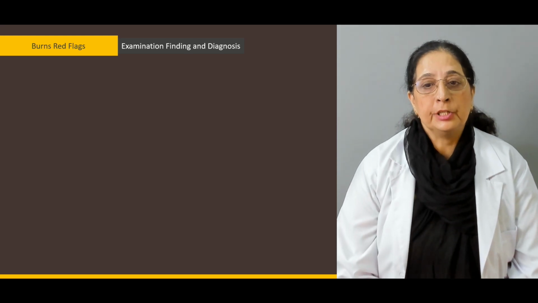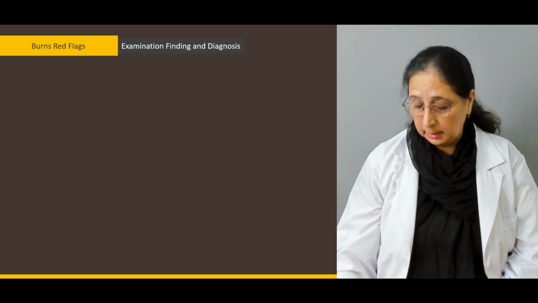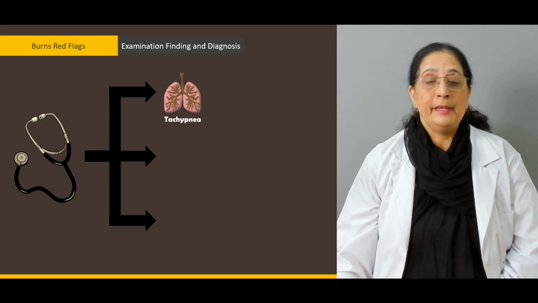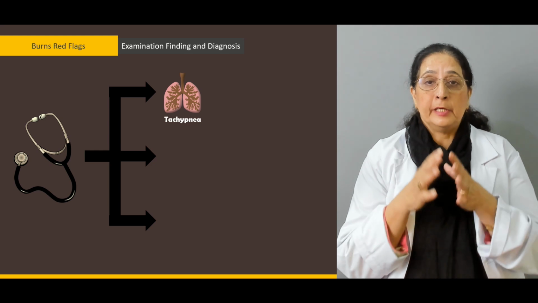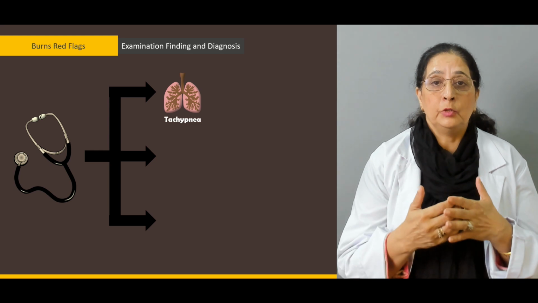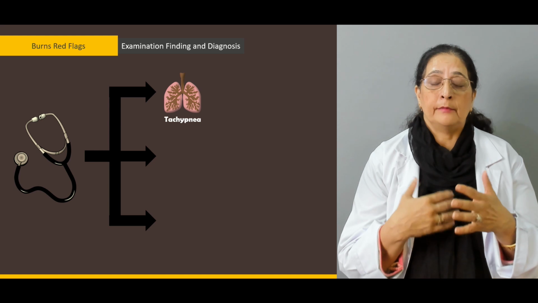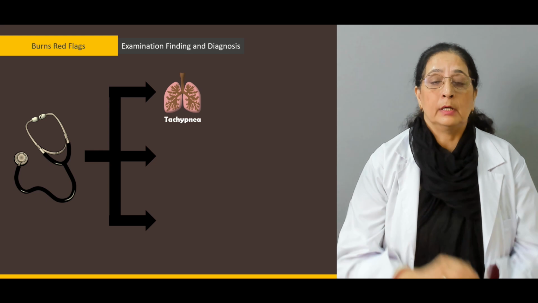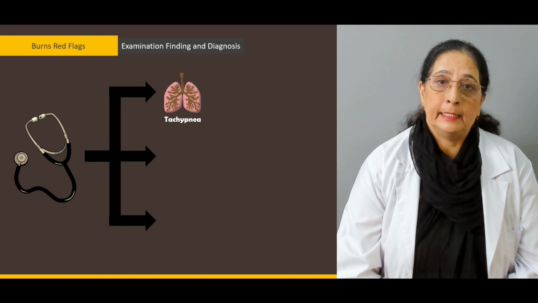Then examination, findings, and diagnosis of the patient with the burn. We have the tachypnea. Tachypnea is fast breathing, and especially after inhalation injuries, when there is injury to the respiratory tract, usually the patient has tachypnea, or they try to breathe fast to overcome that deficiency and to take in the oxygen.